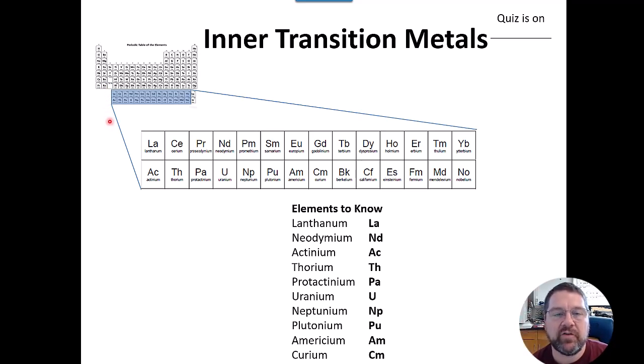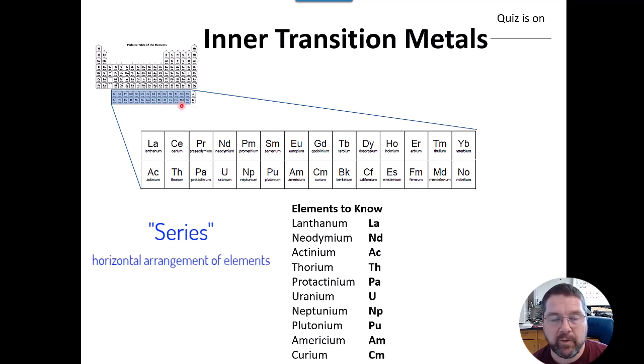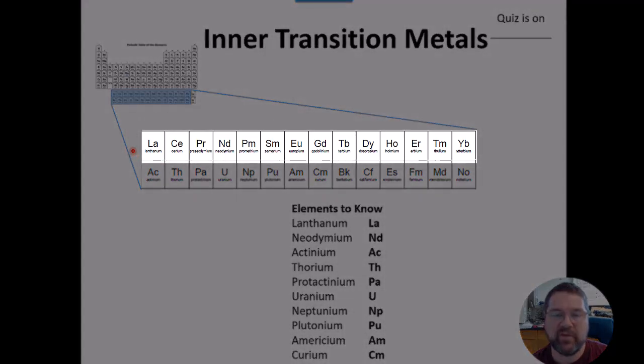When we look at these two series of elements, a series is another name for a row or a horizontal arrangement of elements. The top row, starting with lanthanum, is known as the lanthanide series. Sometimes it also goes by the name of rare earth metals, although that name isn't quite accurate because the rare earth metals really aren't rare.